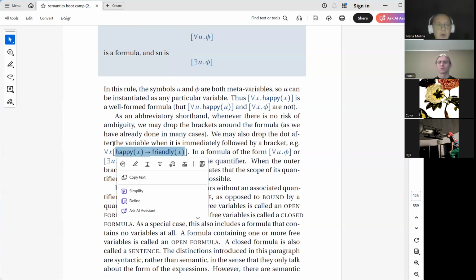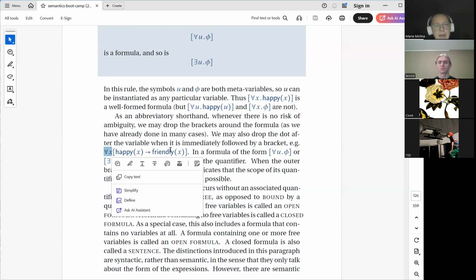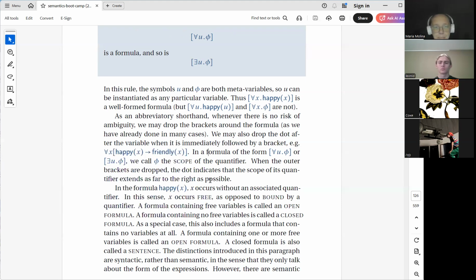So with the quantifier, all x that are friendly when they are happy. This is what this formula means.